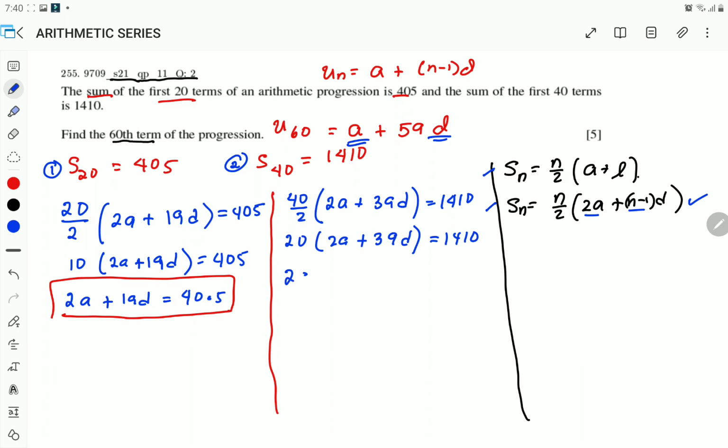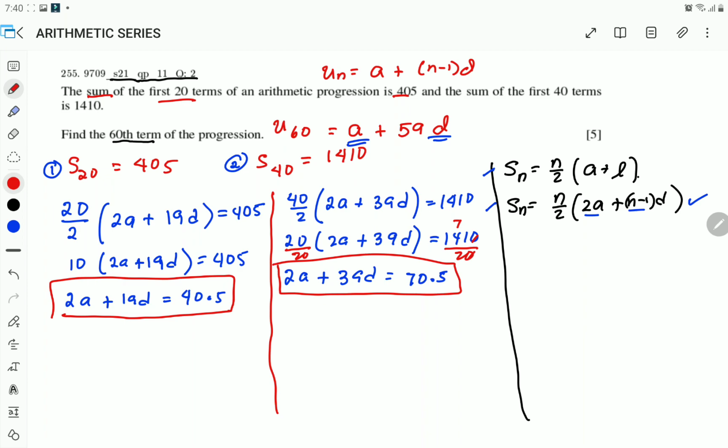So therefore your equation number 2 is 2a plus 39d. You divide 1,410 by 20, divide by 20 both sides. So this is 70.5, right? So this is now your equation number 2.